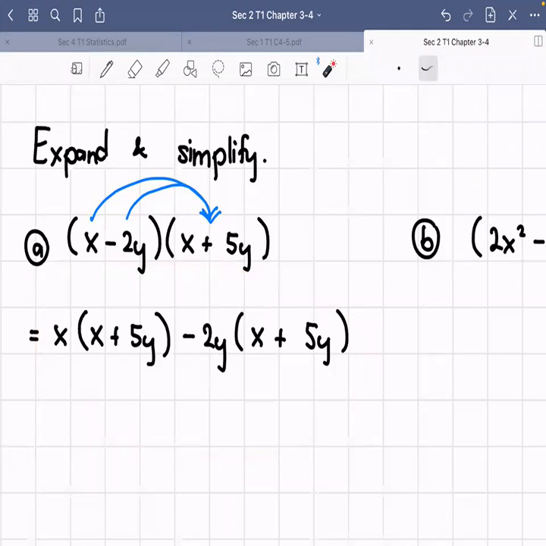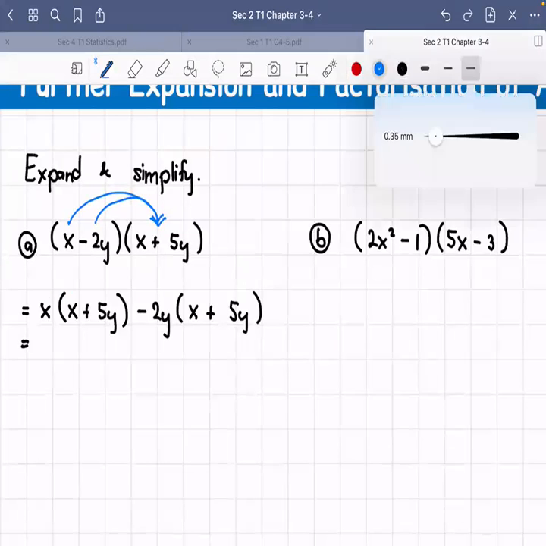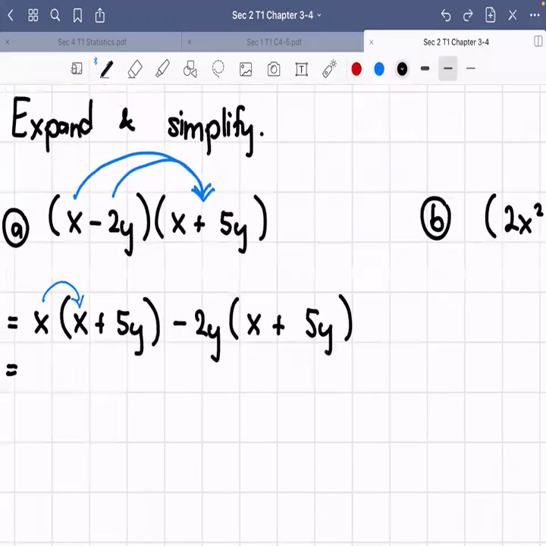Do you have any question, class, on this part? None? Okay, so let's expand first. So x times x is x squared, and then x times 5y gives you plus 5xy.